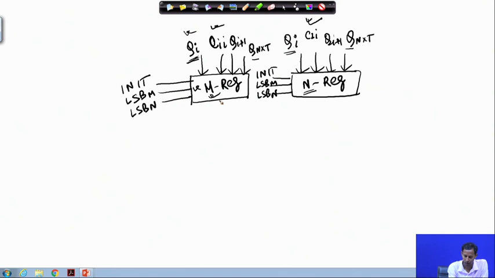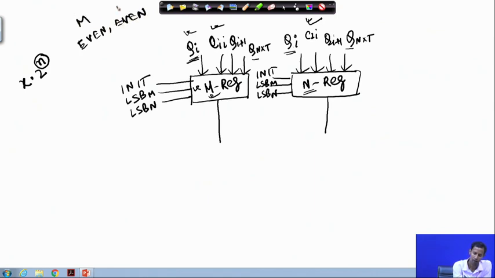So, I need these two. Basically, what was the logic? Whenever we find the GCD using this particular algorithm, the final result will be x times 2 to the power n, where n is the number of times we find even positions for m and n.